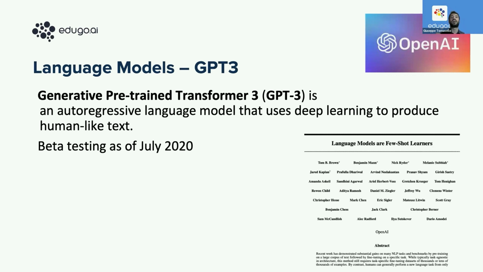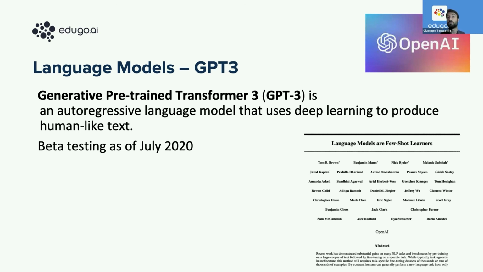The most advanced one is called GPT-3, which stands for Generative Pre-trained Transformer. You don't need to understand what transformers are; we may talk about them in the next webinars if you're interested. What you have to understand is that this is a huge language model that has been trained on a lot of data, basically all the internet, with a lot of parameters and a lot of computation.